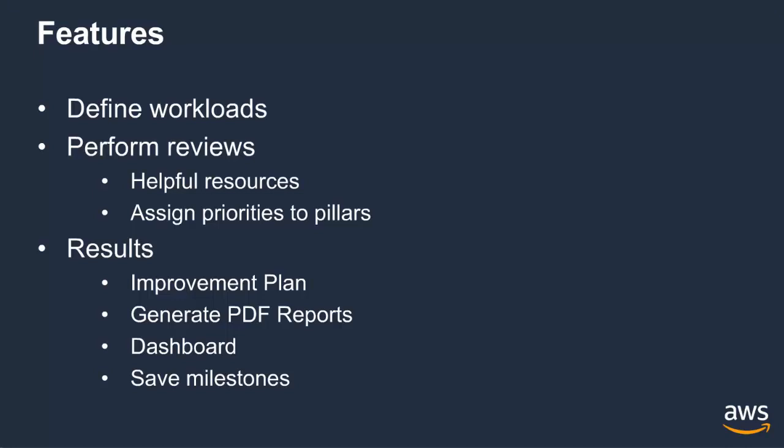Once you've filled out the review, you can generate an improvement plan. The improvement plan is presented within the website itself, but you can also generate a PDF report if you wish to share it with someone. Once you've got a list of workloads, you have a dashboard that you can go through and see the status of your workloads.